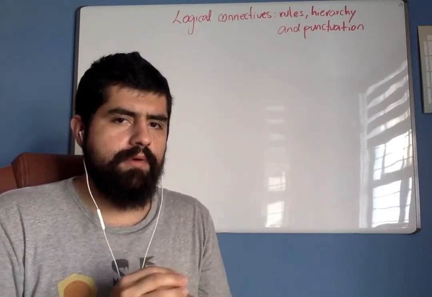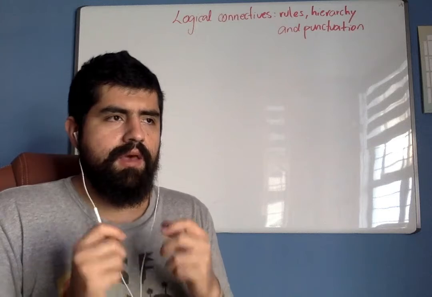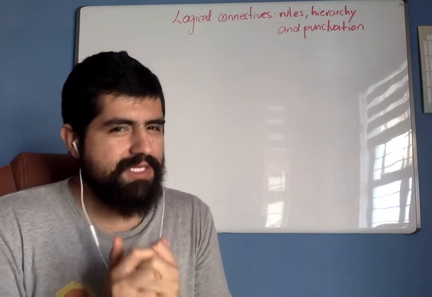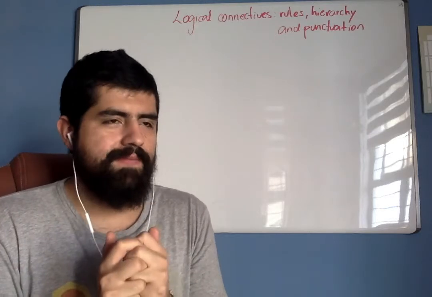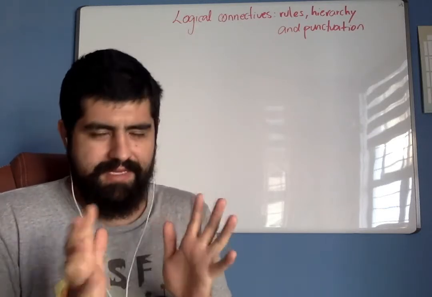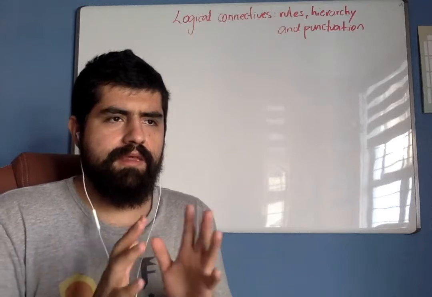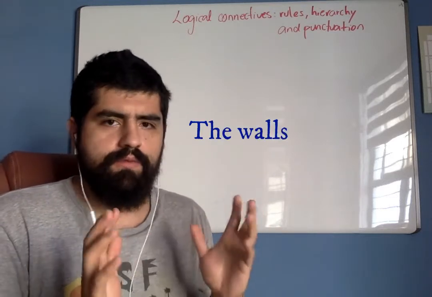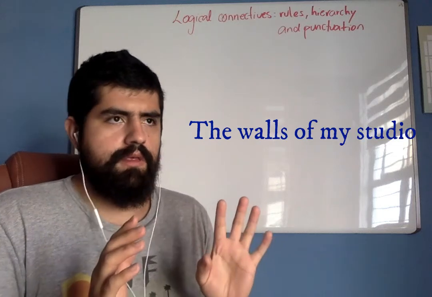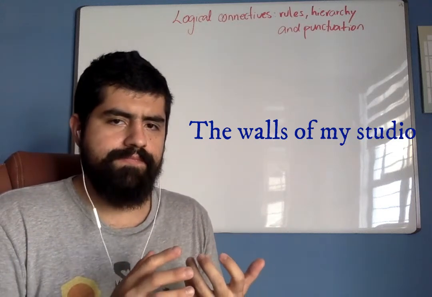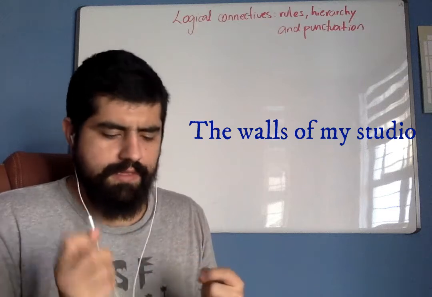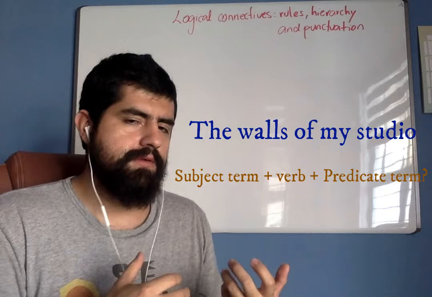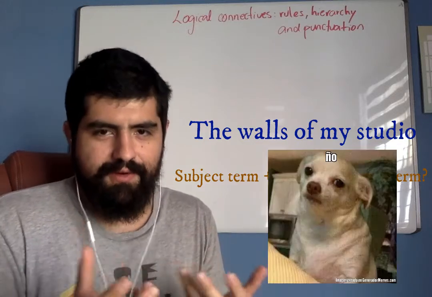Why is that so important? Because in logic, what can be either true or false are the propositions, the statements. For example, imagine this. Let's say the walls of my studio. One question, does it have the structure, the subject term plus the verb plus the predicate term? No, as you already noted.